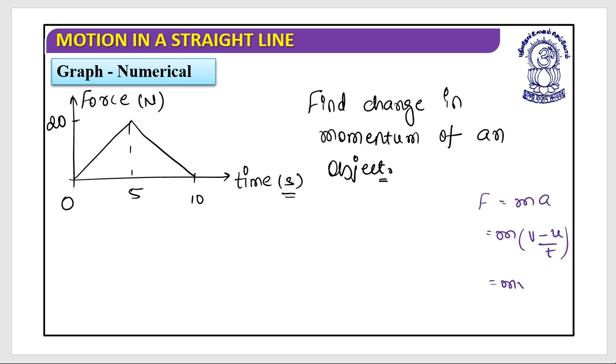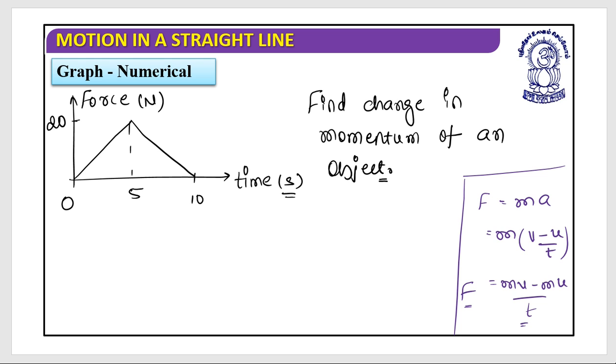So that would be mv minus mu by t. This is F. So if I multiply F into t, it would be the change in momentum. This is the rough work of your mind, not even on paper. You must know this. As a class 11 student, you know that F into t should be equal to mv minus mu. But don't worry, just remember from next time.